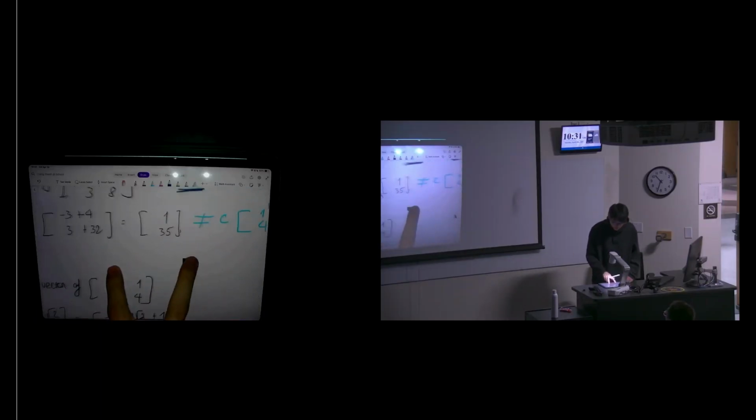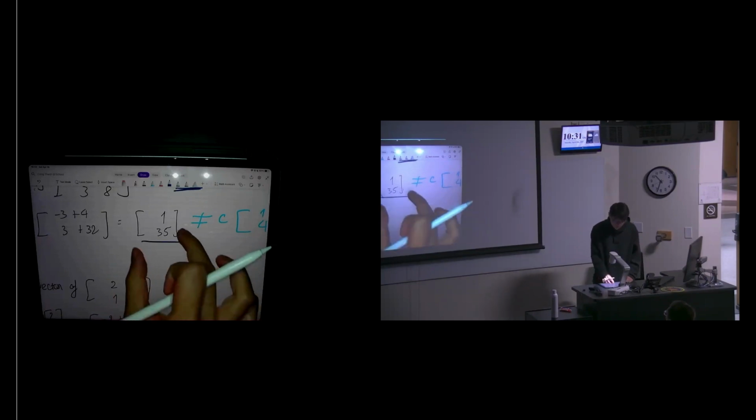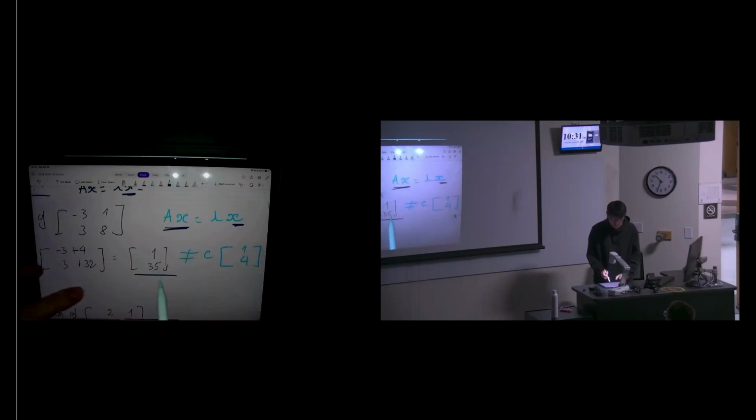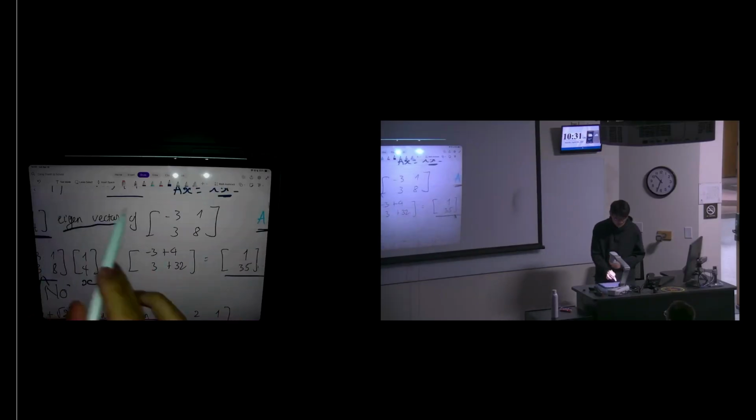I do matrix multiplication of A and x, which gave me 1 and 35. If you look at the original vector 1 and 4, 1 and 35 doesn't have a relation to it because you don't have a scalar that adds up to it. It's like from the image, there's a random column outside of the image that we don't care about and throw away. So that is not a feature in the image, and this is not an eigenvector of the matrix.